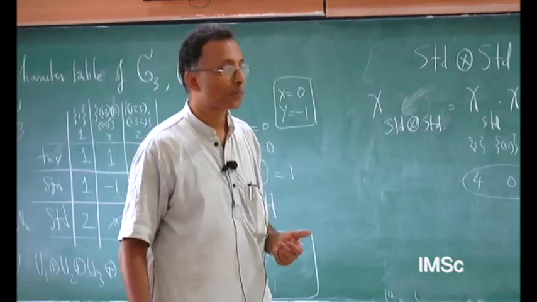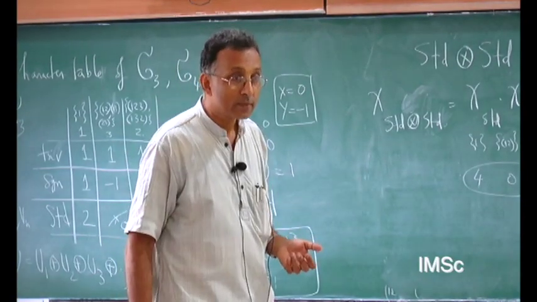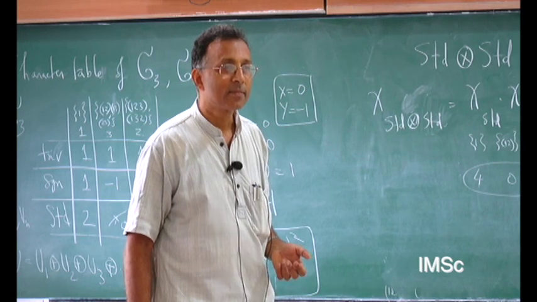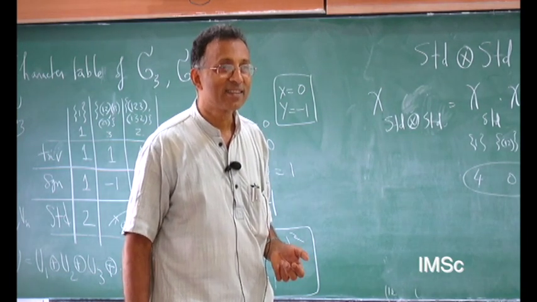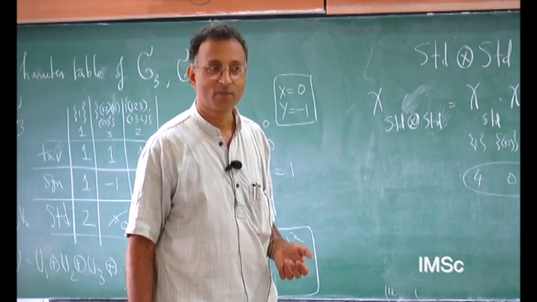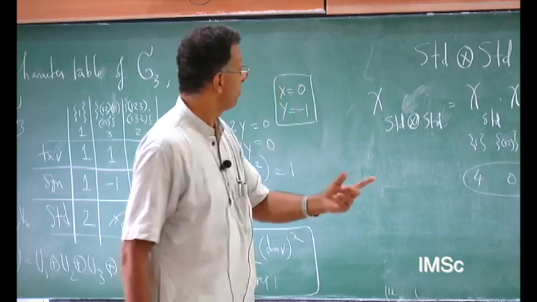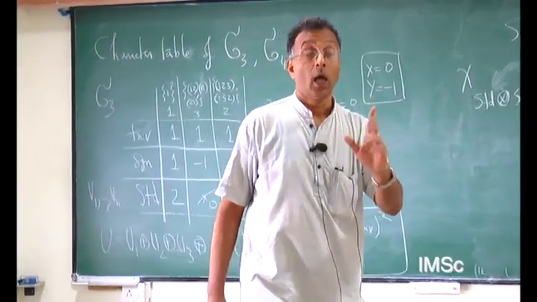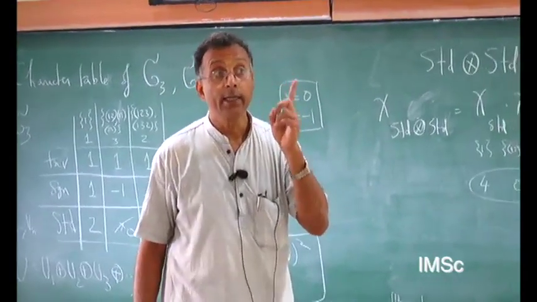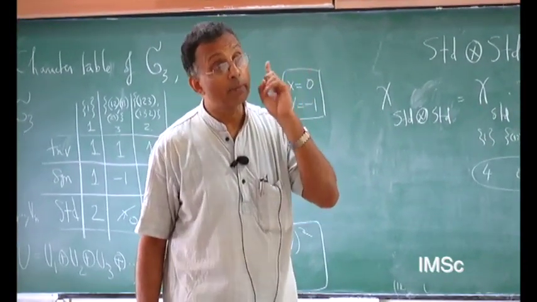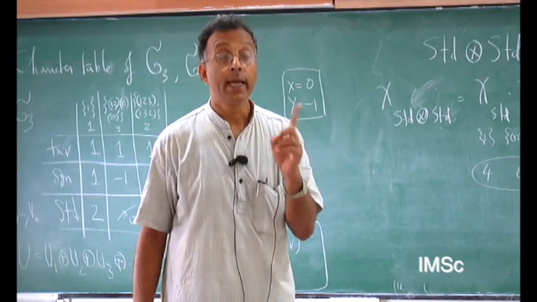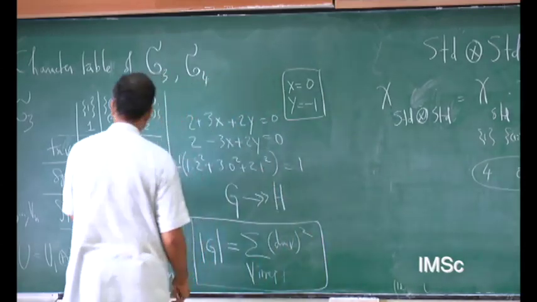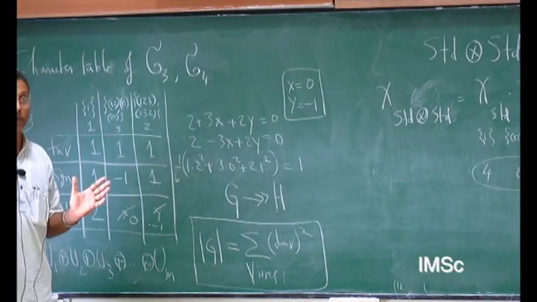Sir, suppose the inner product of the character with your representation is not equal to 1? As you said, these form an orthogonal set, so that has to be an integer. If you are taking a character to begin with, the inner product has to be an integer. If you take an arbitrary class function, it need not be, because I could divide it by 5, and that is also a class function.